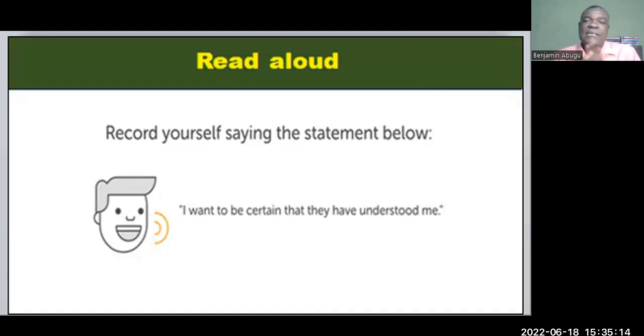The first one is read aloud. In read aloud, you are asked to record yourself saying the statement below. And if you look at the infographic on the screen, you find that you are asked to read something that is written there, and then you say the statement.